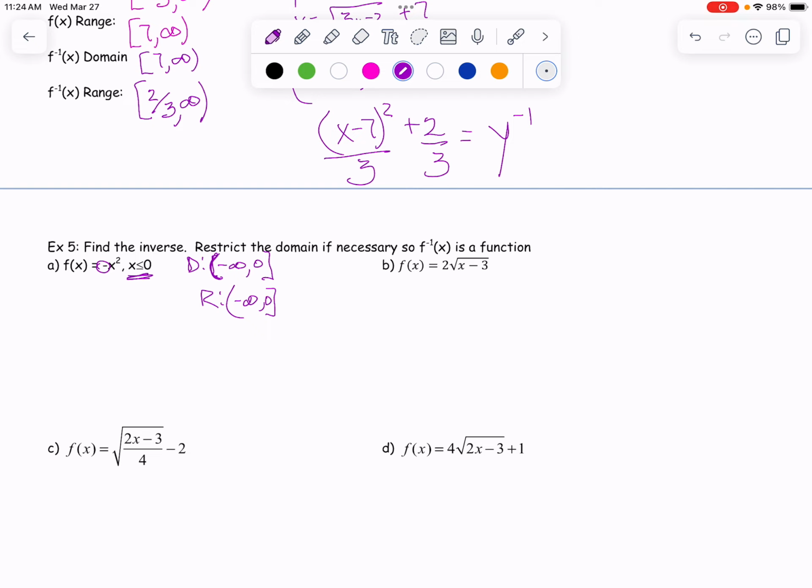So this graph is going to look like this. Oops. This. It's going to be half that curve. So this is going to be x equals negative y squared. I have to divide by negative.